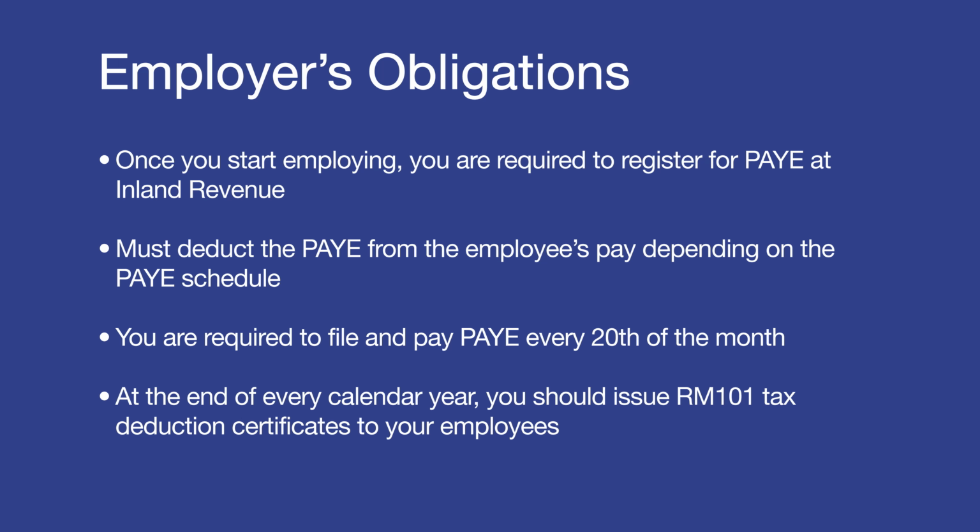Each employee is required to pay PAYE tax, and it is your responsibility to deduct the appropriate PAYE amount from their wages, if applicable, according to the PAYE schedule or the table. Additionally, you are required to file and pay the PAYE by the 20th of each month.